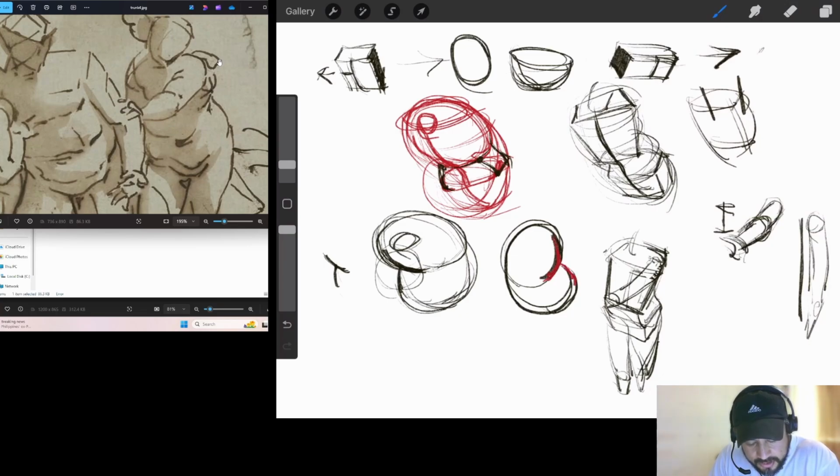So that overlap, that shape there, helps communicate to the viewer that this section is closer to us than this bottom area here. So always be aware of that overlap shape.